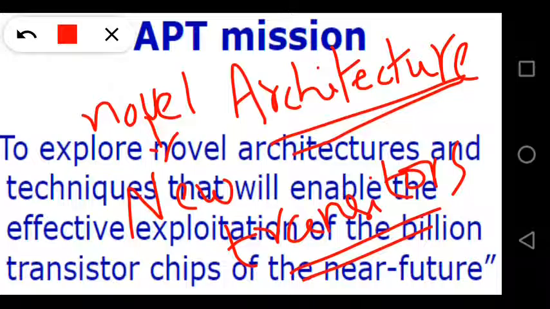It's very important to understand what is meant by a novel. Remember, novel means new architecture and some techniques. You have to learn or implement or identify some new techniques.